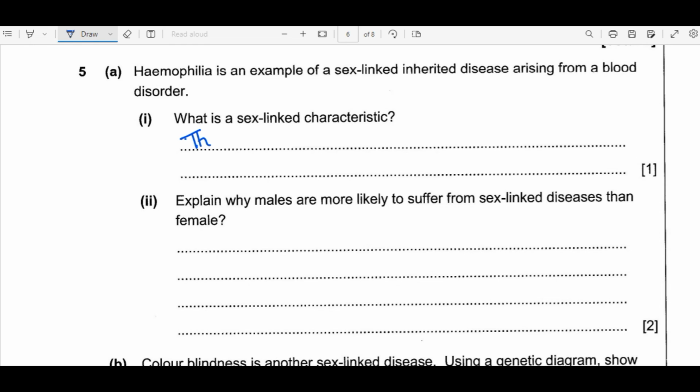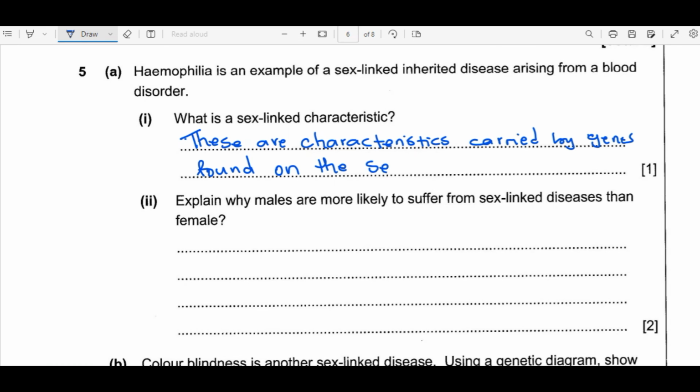So say these are characteristics carried by genes found on the sex chromosomes. If you look at sex, we are looking at X because the Y does not carry these genes.